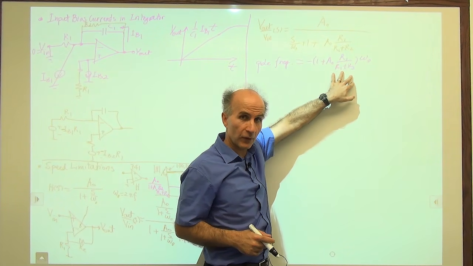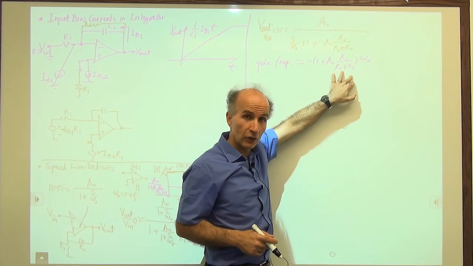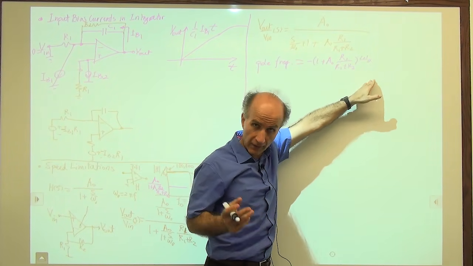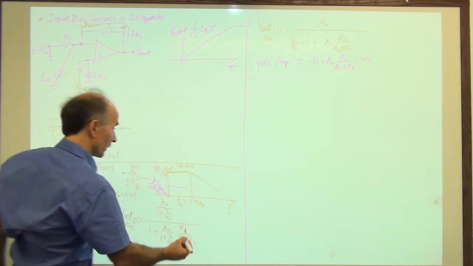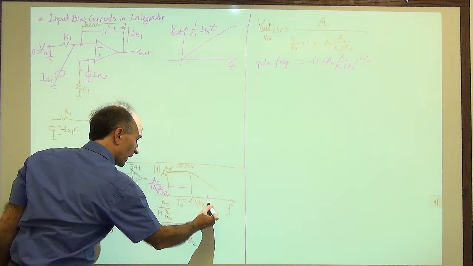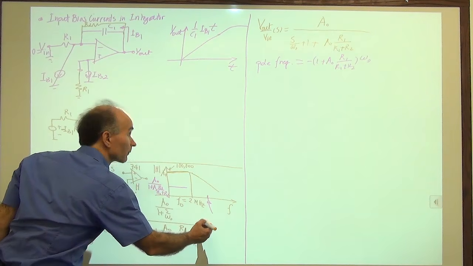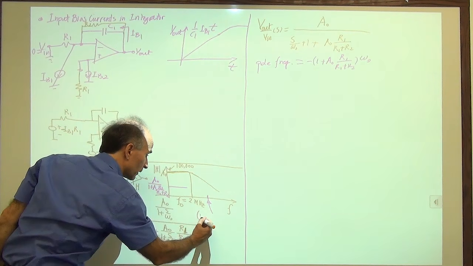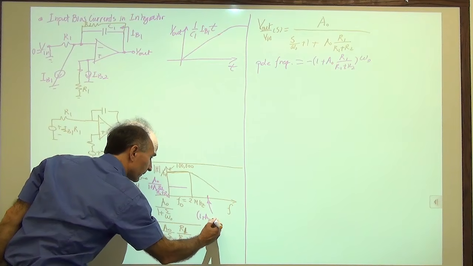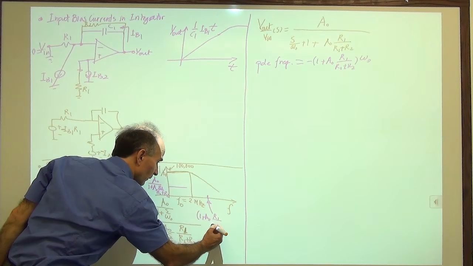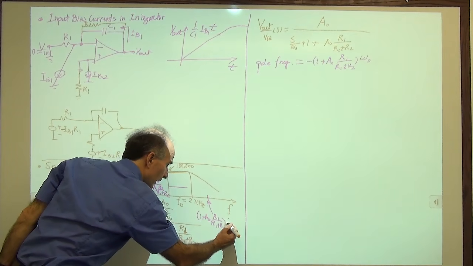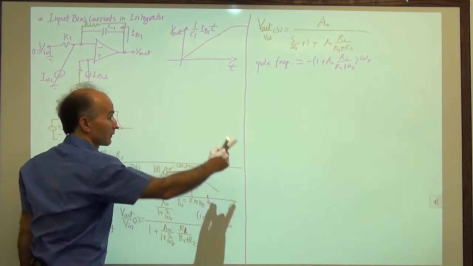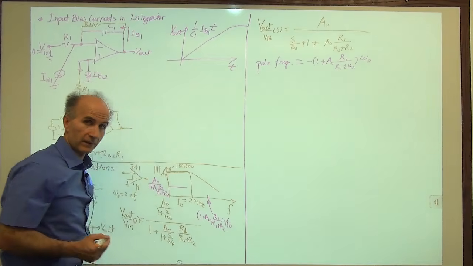So the bandwidth of the circuit has been extended to not just omega 0 or not just F0, but with this factor multiplied by it. So now it's way out here. And this value is given by all of that. So it's 1 plus A0 R1 over R1 plus R2 times F0. I use F0 instead of omega 0 because this is the F axis.